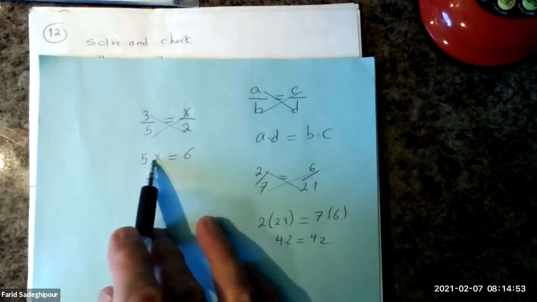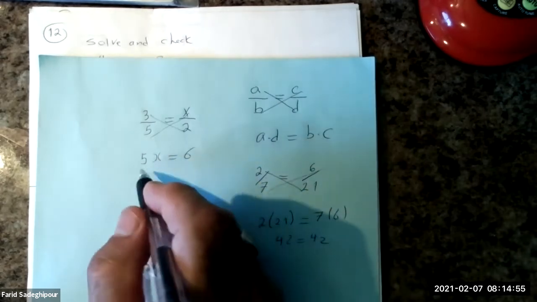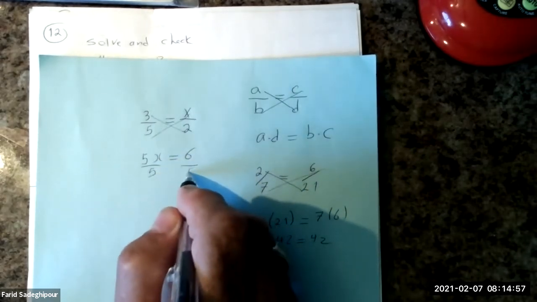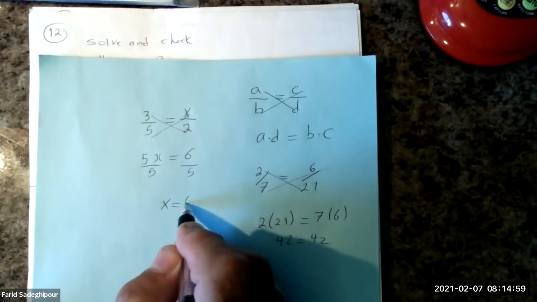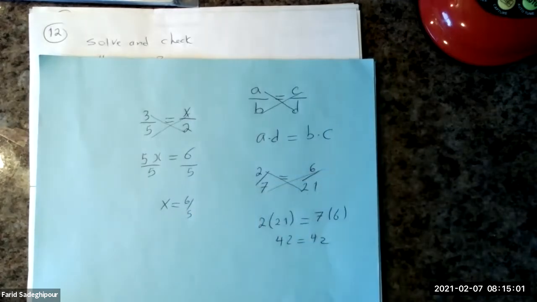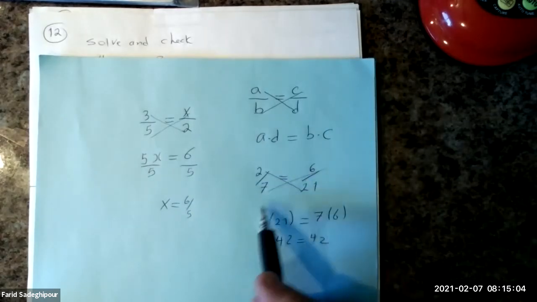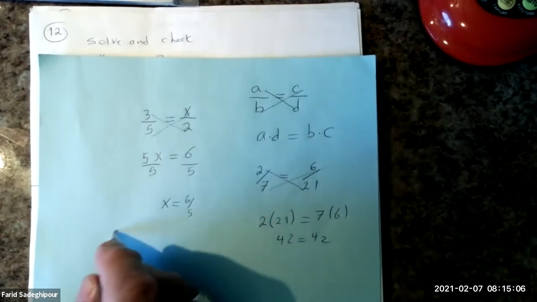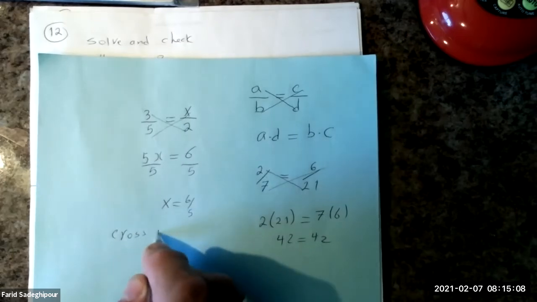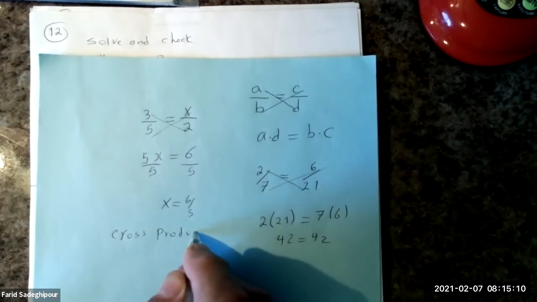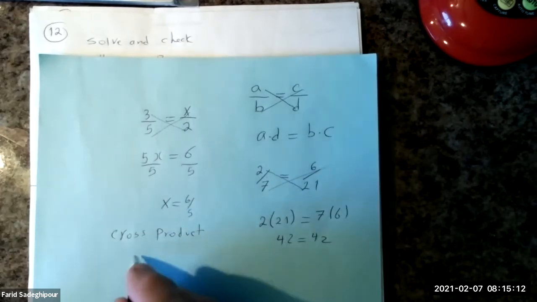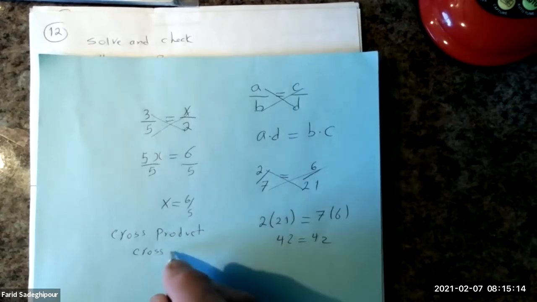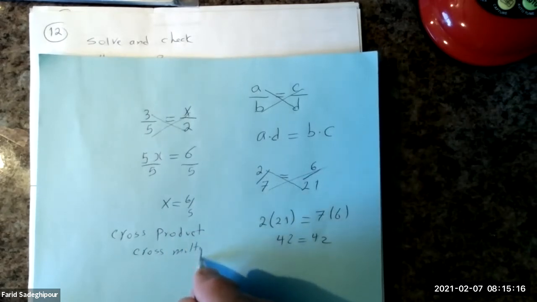Now, I don't see any plus or minus here, right? To isolate x, I divide both sides by 5. So x is 6/5. They call this cross product or cross multiplications.